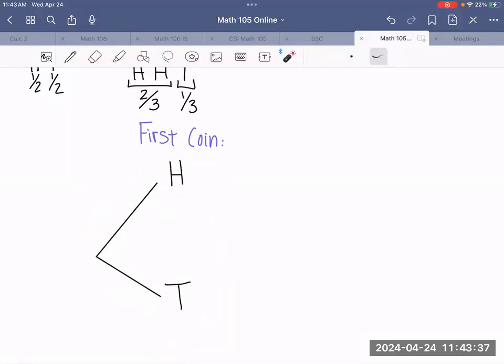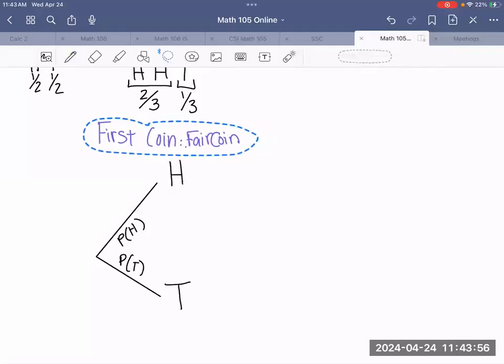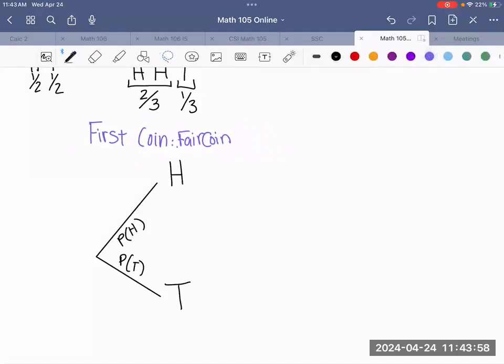And so the probability of your first coin, the fair coin, what would be the probability of H here? The probability of tails. This is your first fair coin. Well, it's either going to be 50-50. So then when you toss your coin again, now this one is going to be the unfair coin.